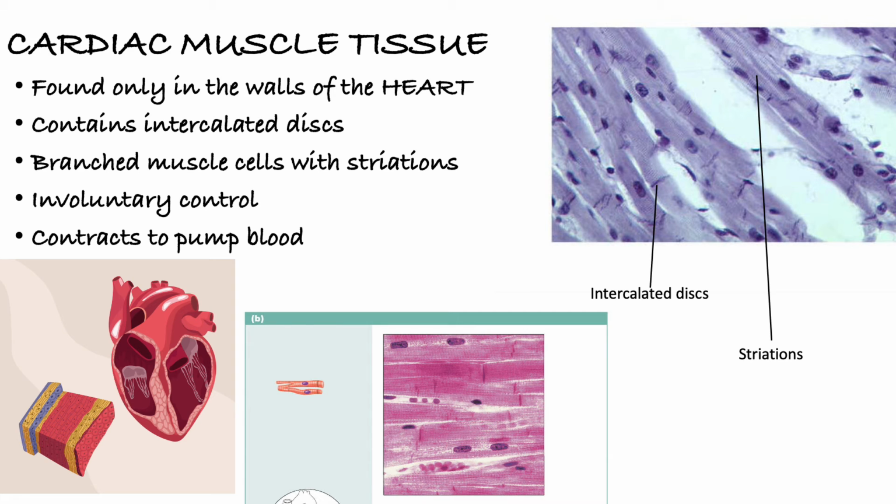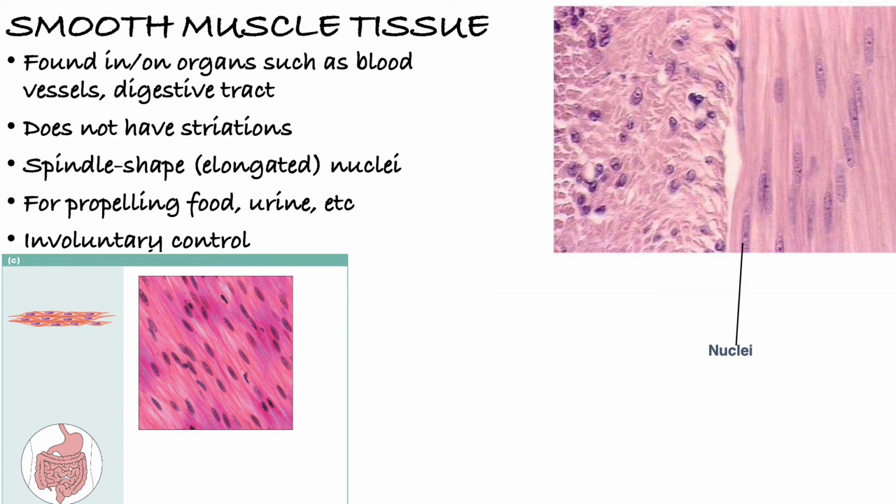blood. The last type of muscle tissue is smooth muscle tissue. One of the reasons we call it smooth is because it does not have any striations. Cardiac and skeletal muscle tissue will have those lines, but smooth muscle will not.